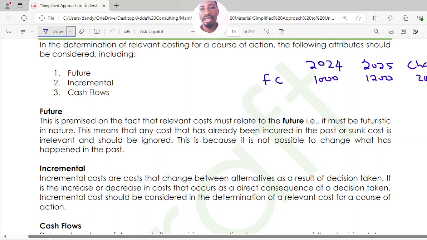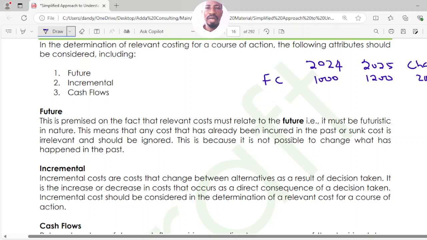What is relevant is the change, the increment. So the increment between 2024 and 2025 is the change. That is the incremental cost. And that's why we are saying that incremental costs are costs that change between alternatives as a result of the decision taken. They represent increase or decrease that will occur as a direct consequence of the decision taken.